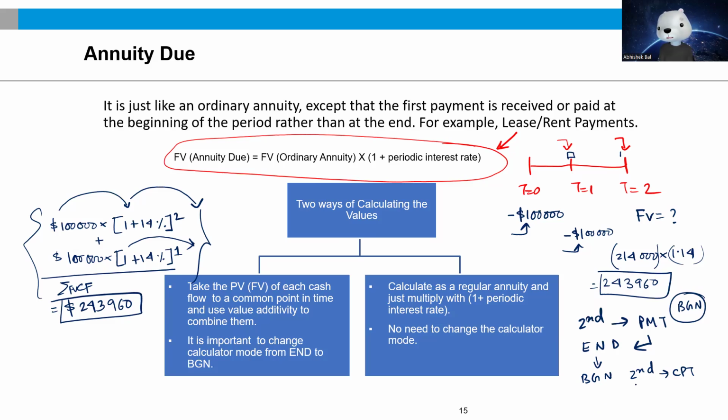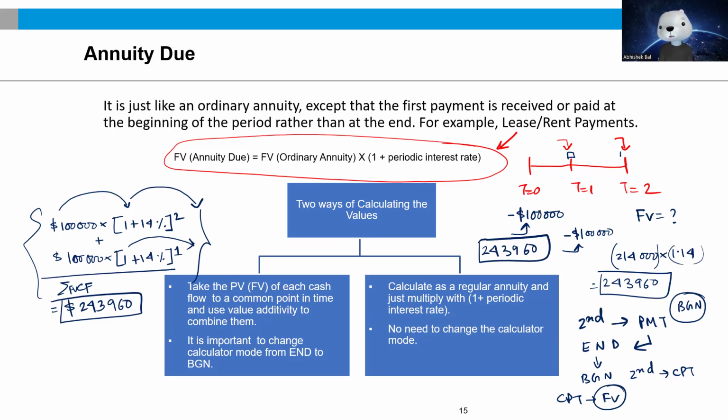And press the CPT FV, just like an ordinary annuity that you saw. And your calculator is again going to return the value of 243,960.